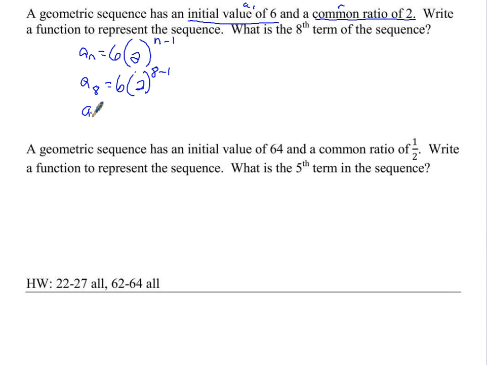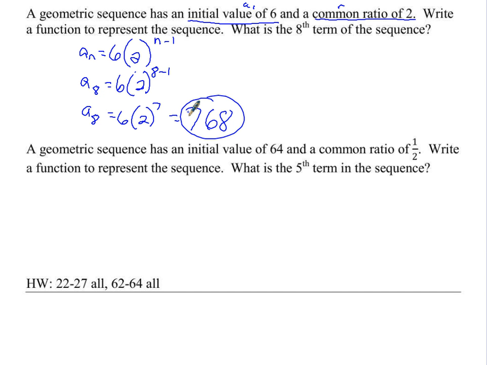So what I actually have here is a sub 8 equals 6 times 2 to the 7th power. You can type that straight into your calculator to get your answer. 2 to the 7th power is 2, 4, 8, 16, 32, 64, 128. 128 times 6. 256 times 3. What's that? 768. So there's your 8th term in the sequence, 768.